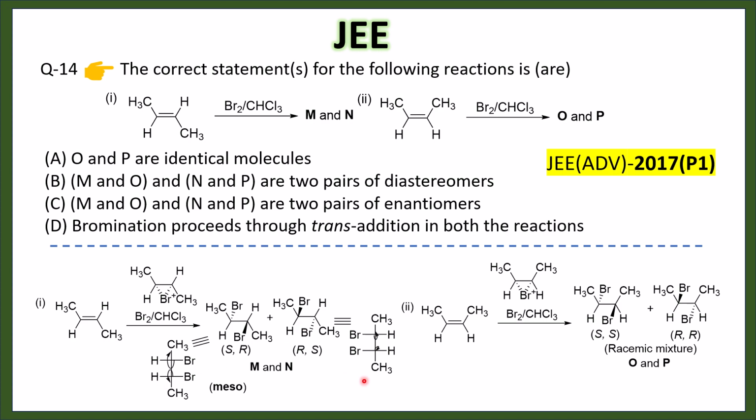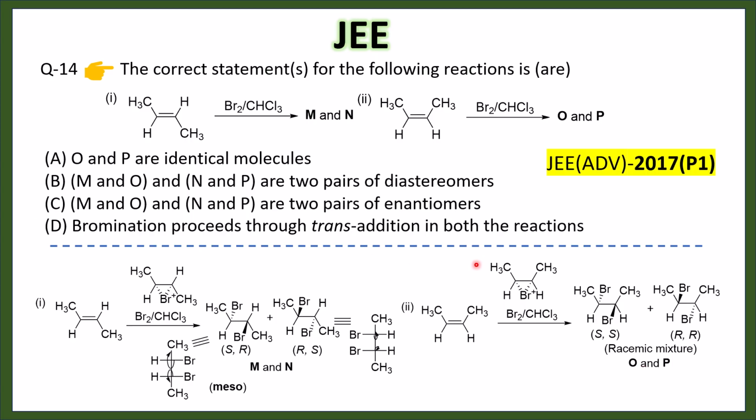In the case of cis-butene, a cyclic bromonium ion forms, and these two isomers again give one SS and one RR, so a racemic mixture forms, two enantiomers. And these are two pairs of diastereomers, because SS and SR are diastereomers, and RR and RS are also diastereomers.